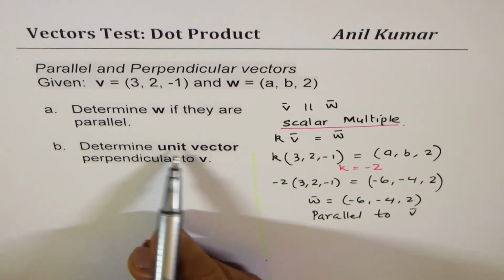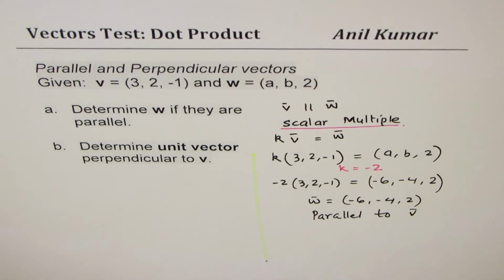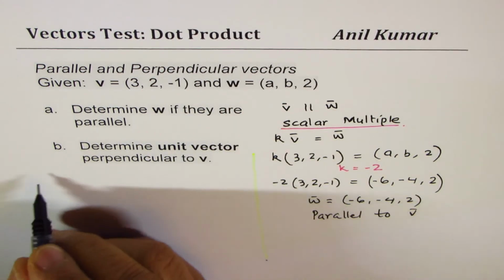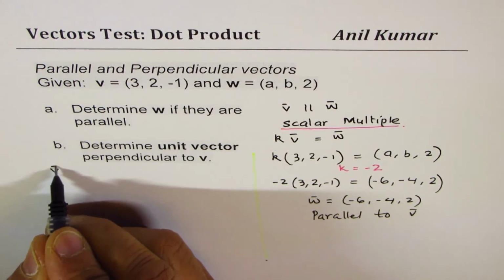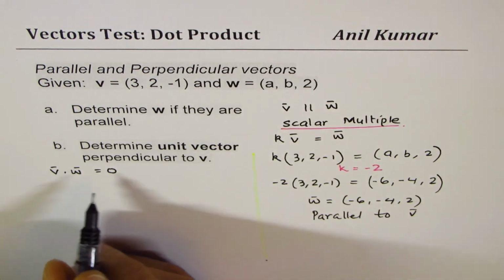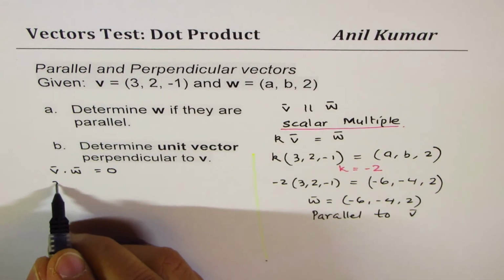Now part B, unit vector perpendicular to v. Now when we talk about perpendicular vectors, let's use w itself. That means the dot product is 0. So let's find the dot product.